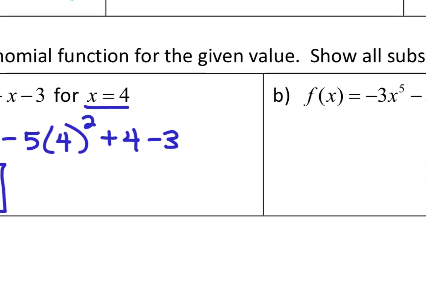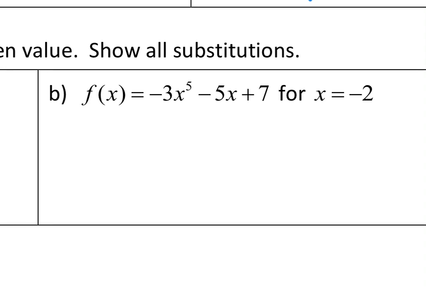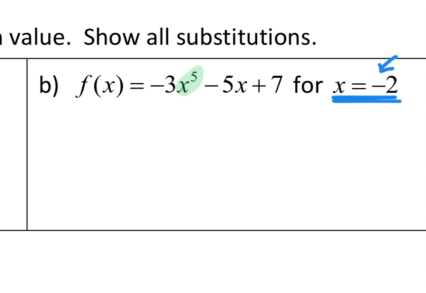Remember that anytime you're substituting an x value that's negative, like -2, into an expression that has exponents, you want to use parentheses. You have to use parentheses when you type it into your calculator. So let's write it with parentheses.